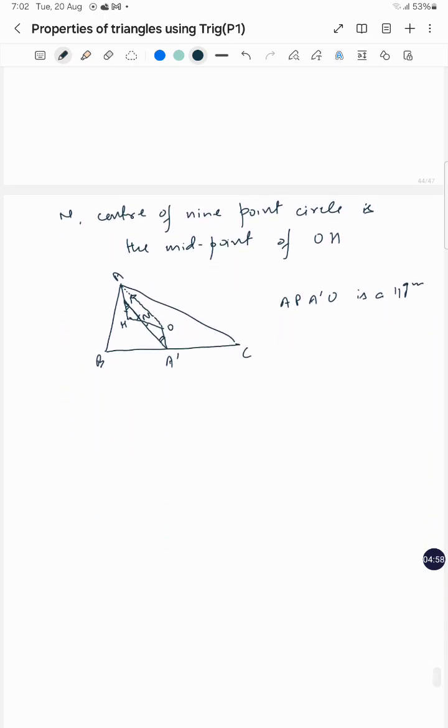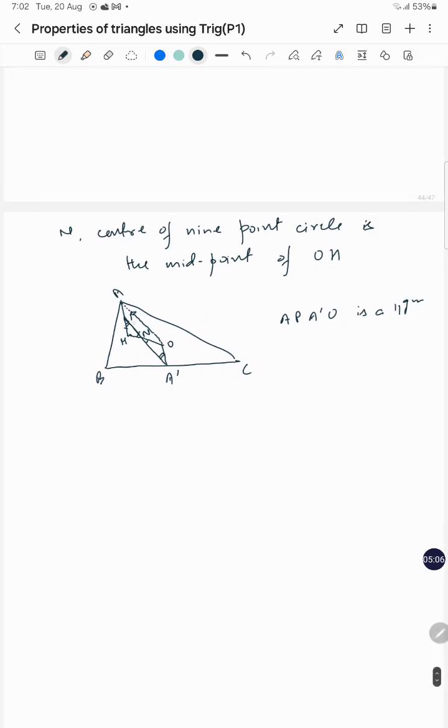So now we'll locate the center of the 9-point circle. So consider this diagram. The triangle PNH and triangle A prime NO. N is the intersection point of A prime P and OH.